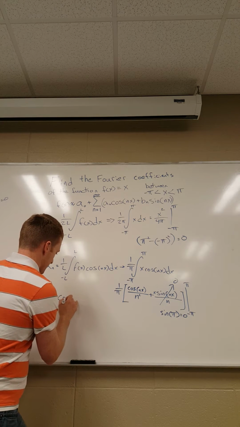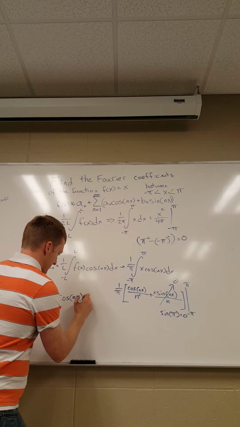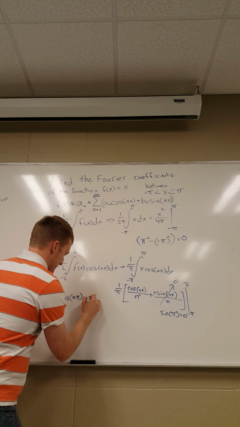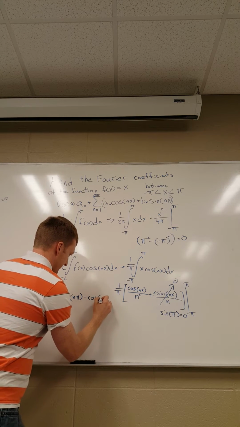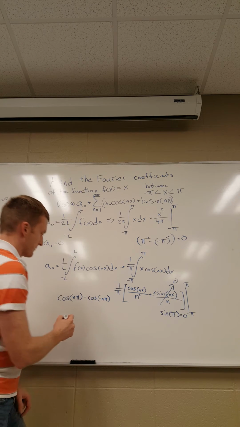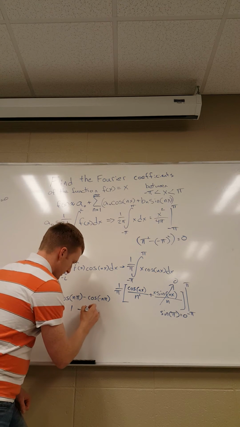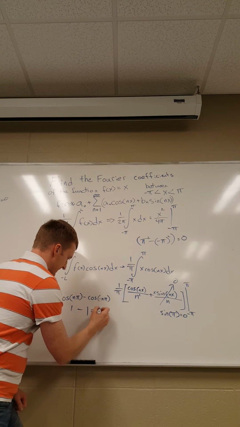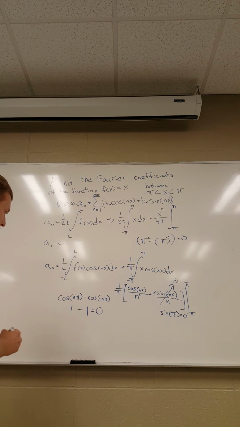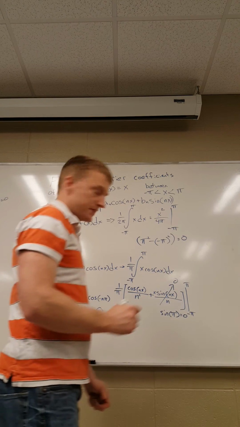Cosine of n pi minus cosine of negative n pi, where cosine pi is 1 minus cosine of negative pi is also 1, we get a 0. So a sub n is equal to 0 as well.